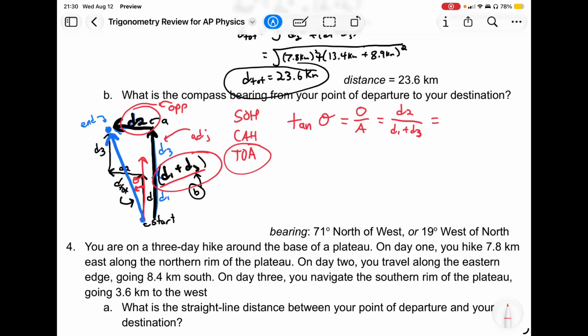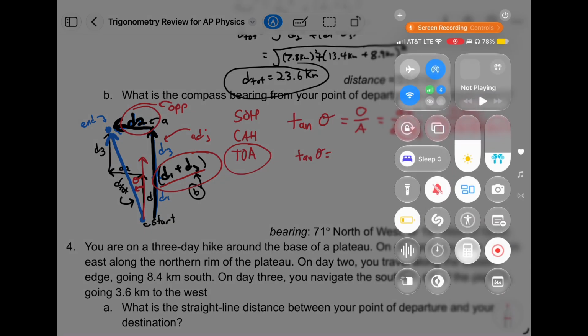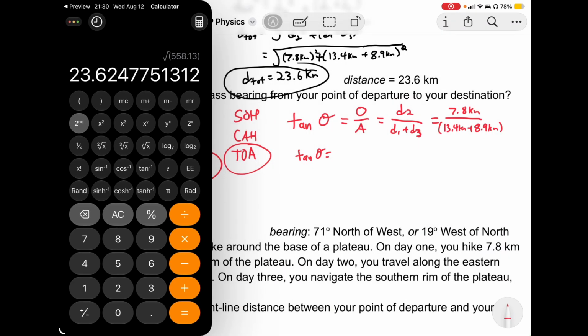All right, and then we can plug in some numbers here. So D2, again, was 7.8 kilometers, and then D1 was 13.4 kilometers, and D3 was 8.9 kilometers. So our tan of theta equals 7.8 kilometers divided by 13.4 plus 8.9.